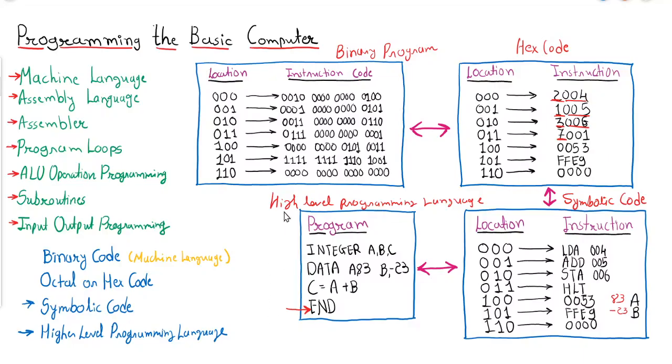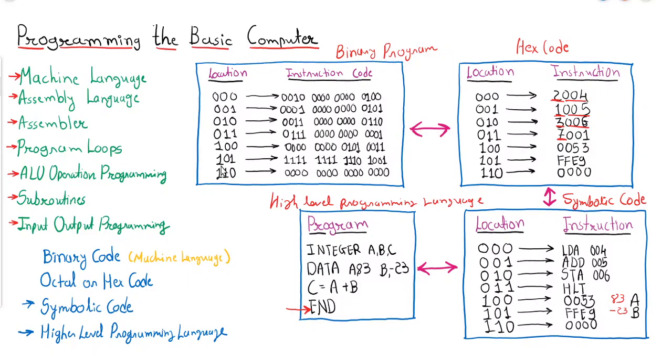Now as you can see, these are not different programs, all four are the same program. But the way they are represented to the user or to the system is totally different. This is completely user friendly and this is completely machine friendly. Machine cannot process this data, while here the user cannot understand.